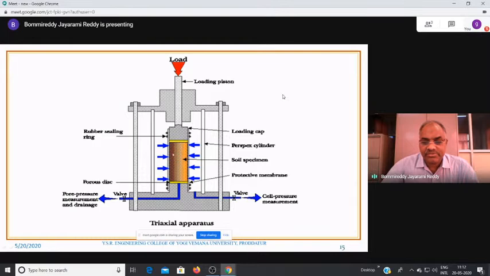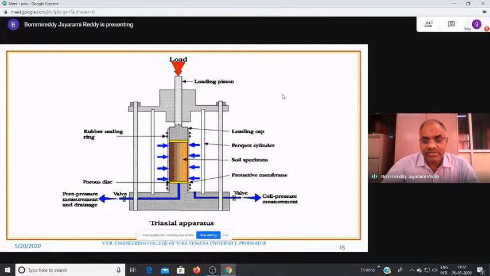Because of the water in the perfect cylinder, the lateral forces will be applied. This is called the cell pressure. This cell pressure is uniform around the periphery of the soil specimen.